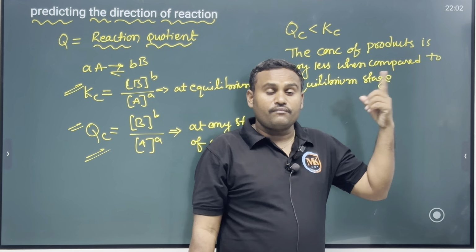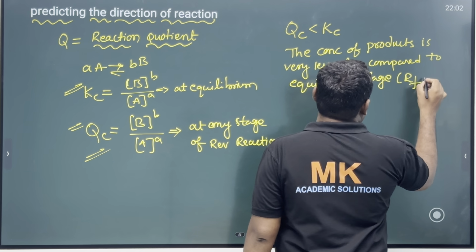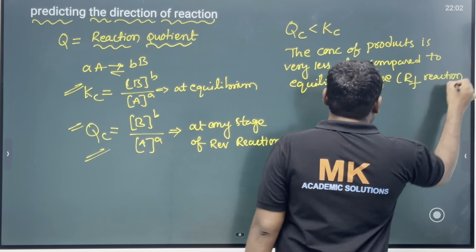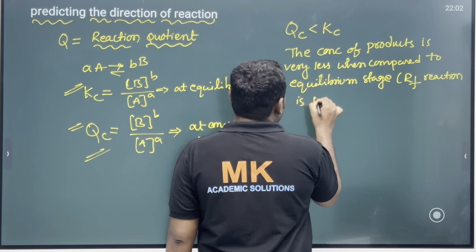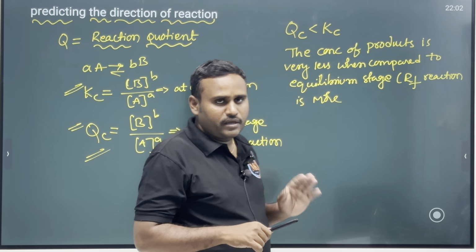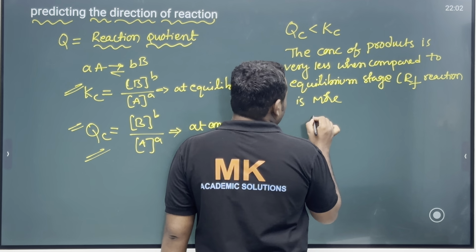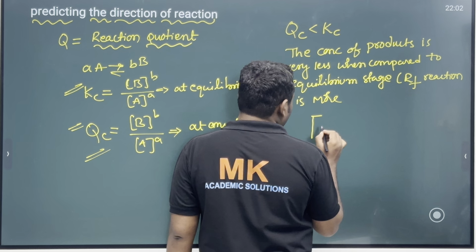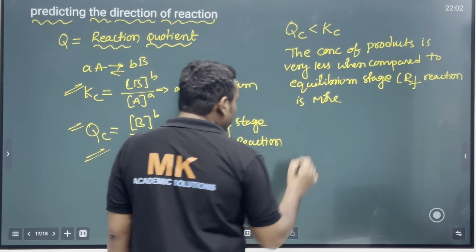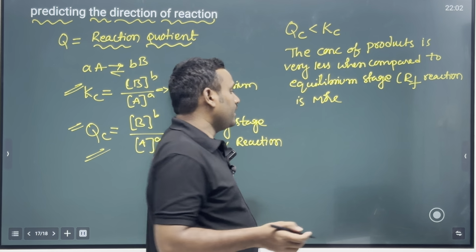The rate of forward reaction is more. So at this stage the rate of forward reaction is more, therefore the forward reaction is favorable. So the reversible reaction is occurring in the forward direction.